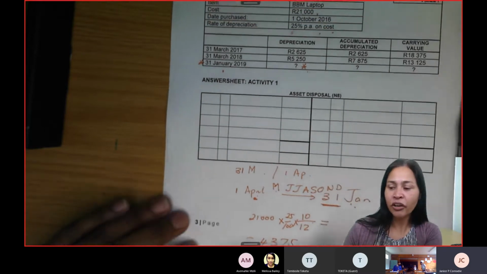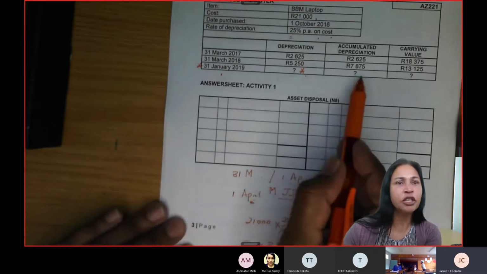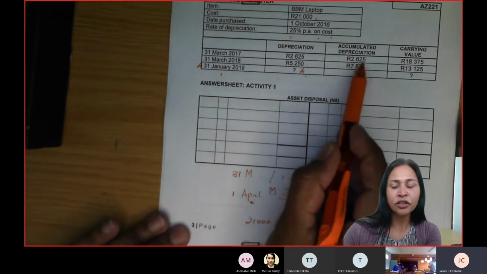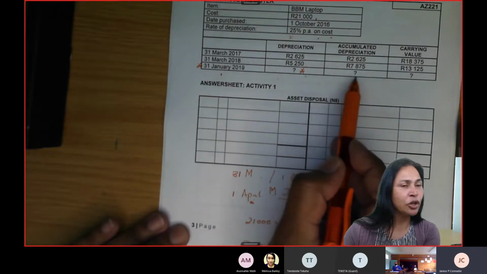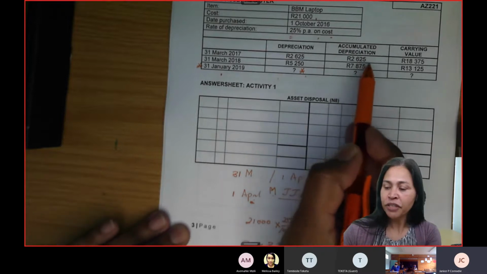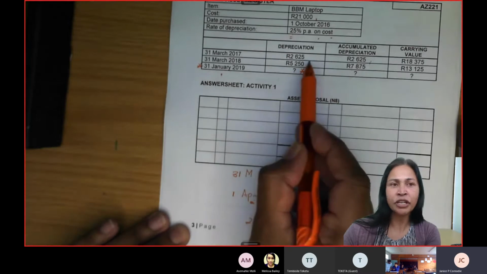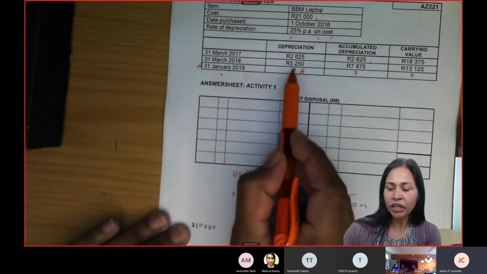Next, we're going to calculate the accumulated depreciation. Now, I'm going to take you through the first two lines so that you can calculate the next one on your own. My first accumulated depreciation amount of 2,625 was the depreciation for that year. Then the following year, I wrote off another 5,250.